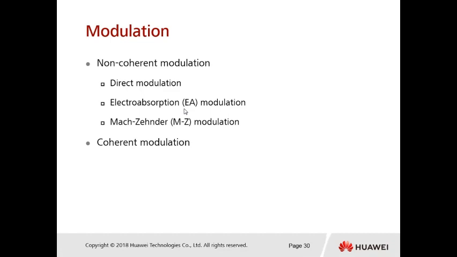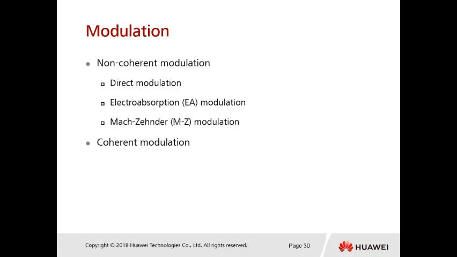About the MZ modulation, the MZ modulator splits the input light into two equal parts and directs them on its two optical paths. On the two optical paths, electro-optic material is used and the refractive index of the material varies with the strength of the external electrical signals.